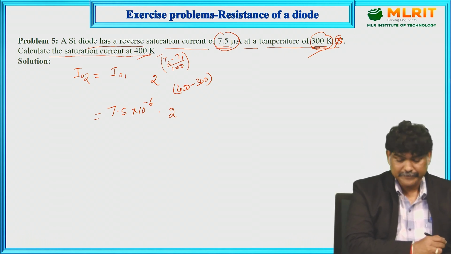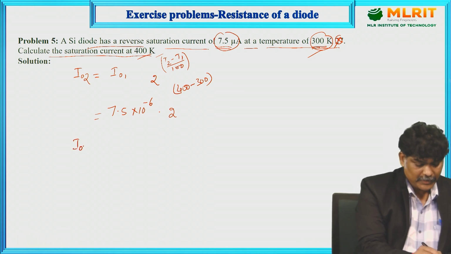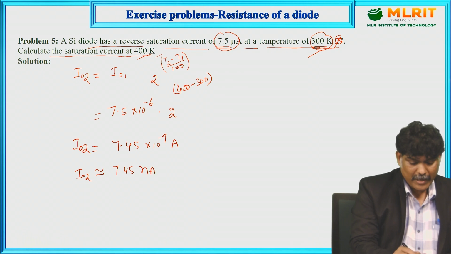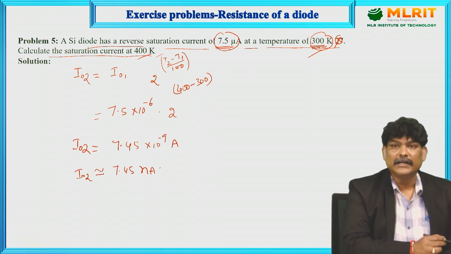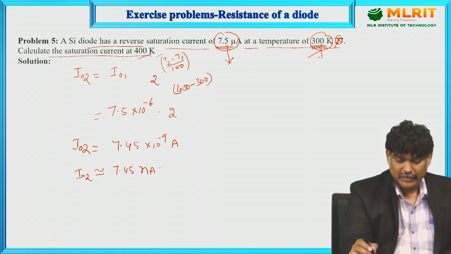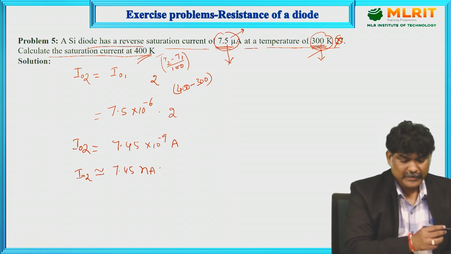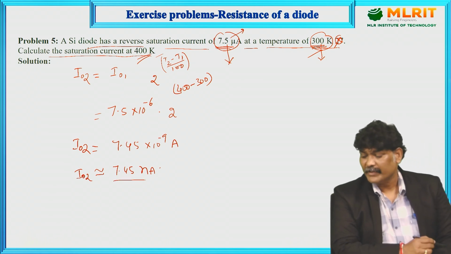If you solve this, I02 is approximately 7.45 into 10 power minus 9 amperes, that is approximately 7.45 nanoamperes. So the reverse saturation current at a particular temperature is 7.5 microamperes, and when you increase the temperature, the reverse saturation current I02 also increases.